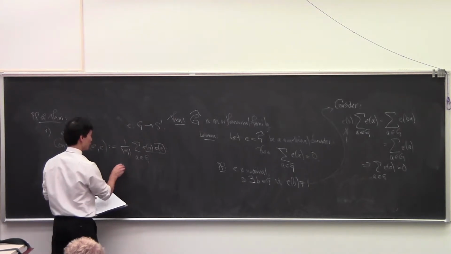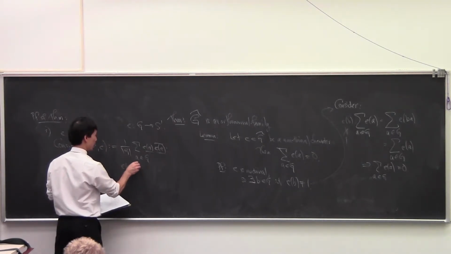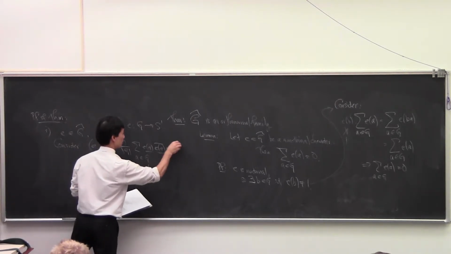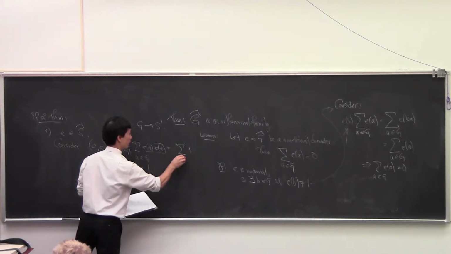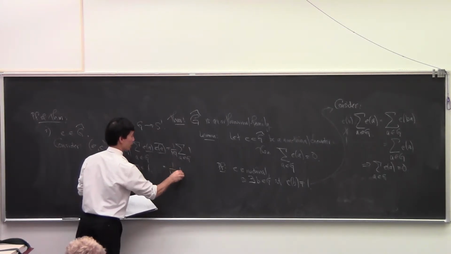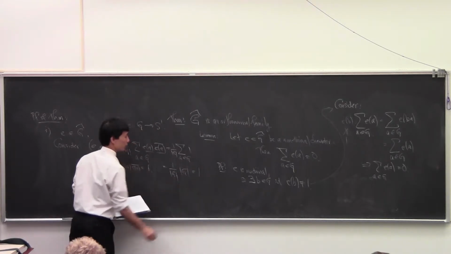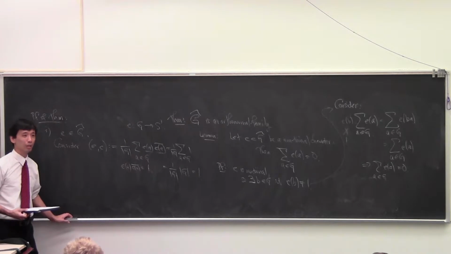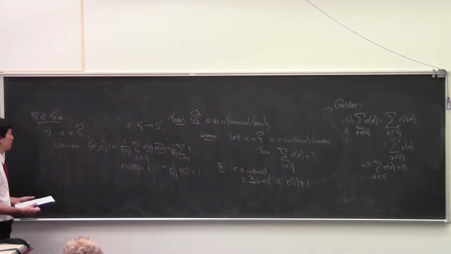Each of these E(A) E(A) bar is 1, so you get the summation of 1 over the whole group. In other words, you get the size of the group. It just counts how many guys are in the group. So that's easy.